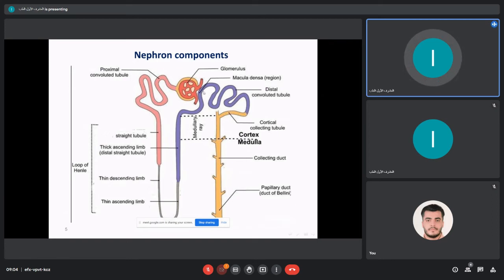This special part of the distal convoluted tubule is called the macula densa, which together with the cells of the afferent arteriole forms the juxtaglomerular apparatus, which is important in controlling the blood pressure and the glomerular filtration.